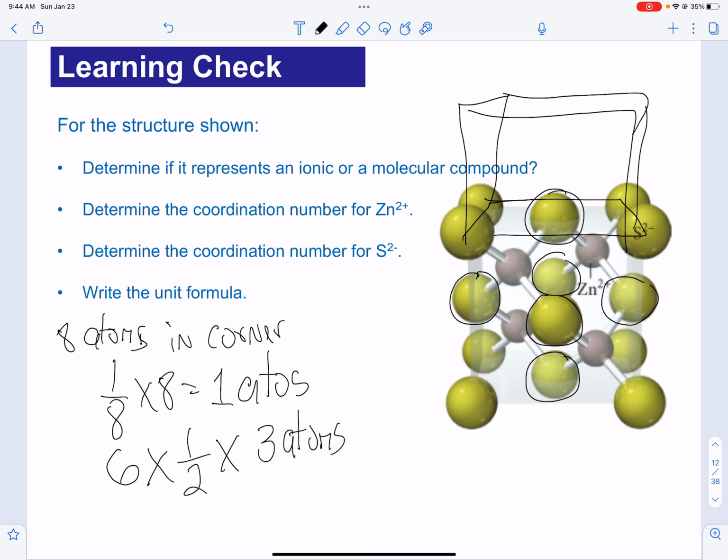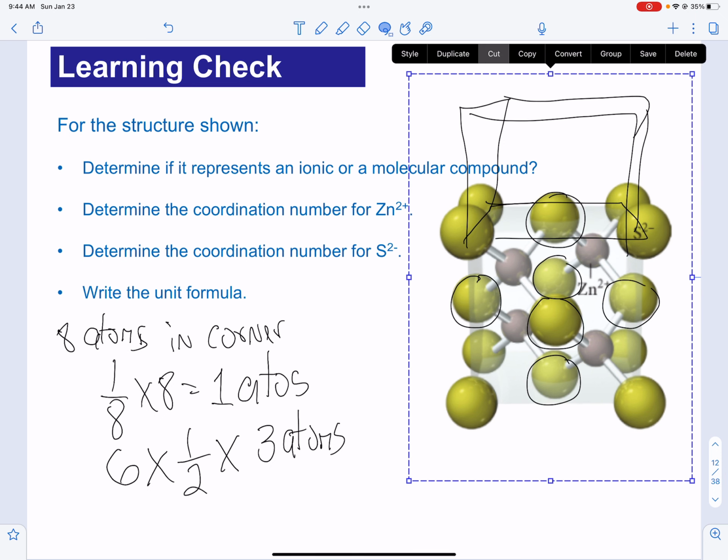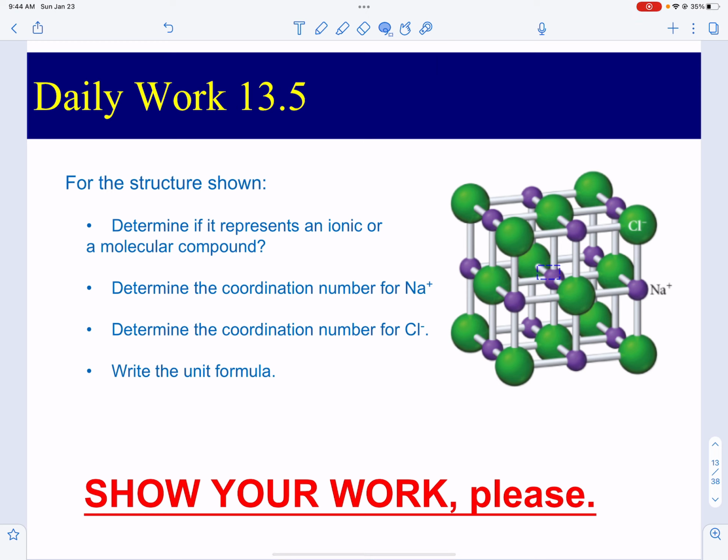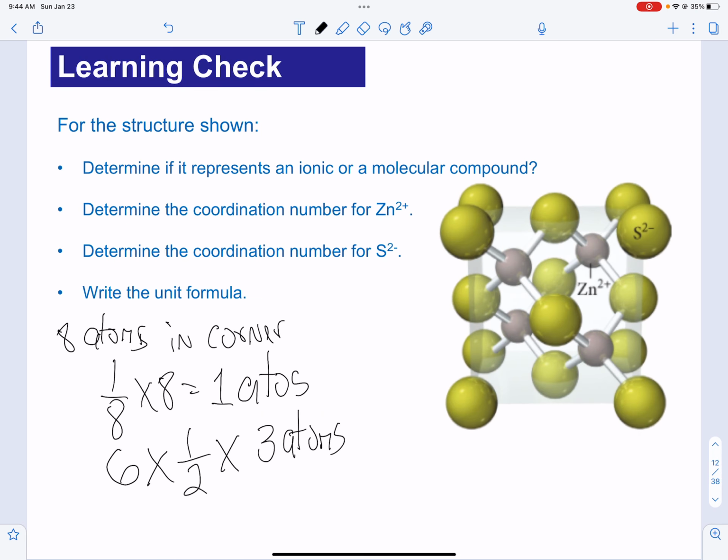So let's take a closer look. Do we happen to have one on the center like you do on this one? This one has one right on the center that doesn't share with anyone else. Do we have one like that on this one here? No. There's a space between these two there.